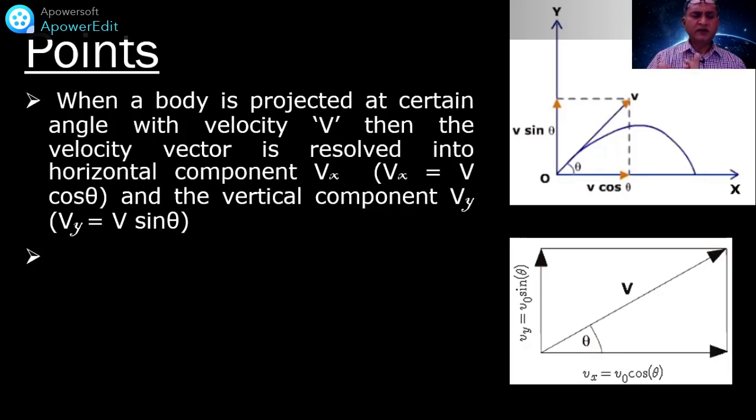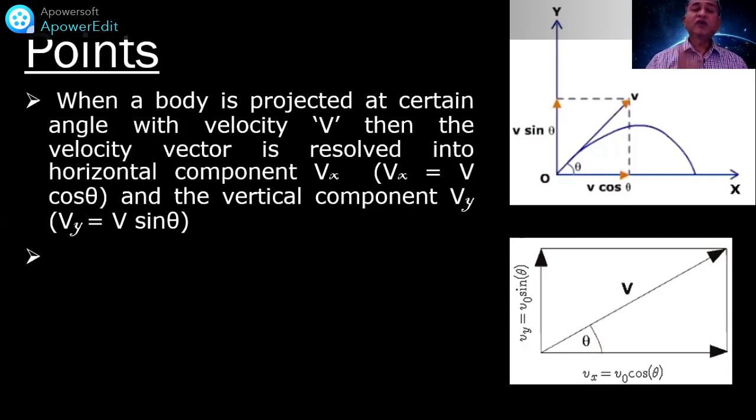What are the two components? The horizontal component Vx, and we know that the value of the x component is Vx equal to v cos theta. And another component is Vy. Vy is equal to v sine theta.